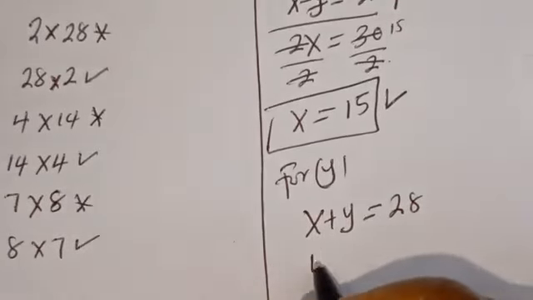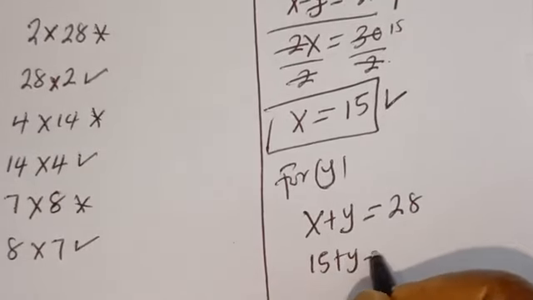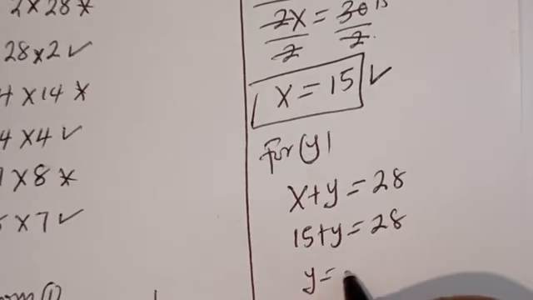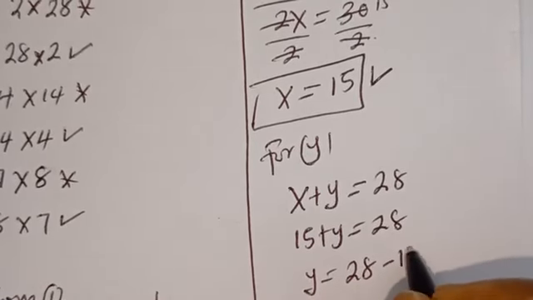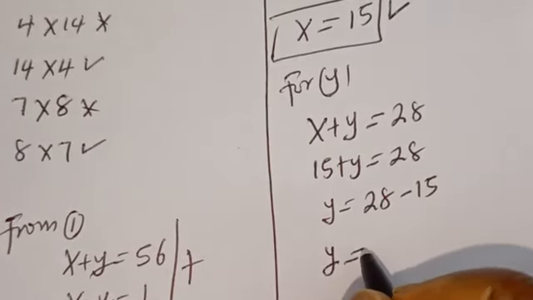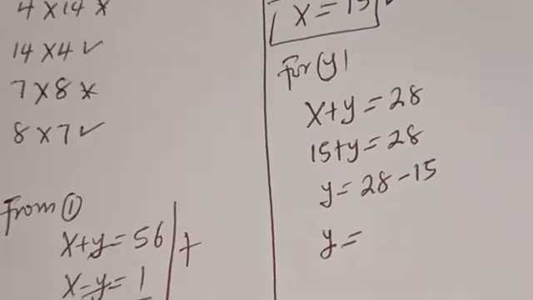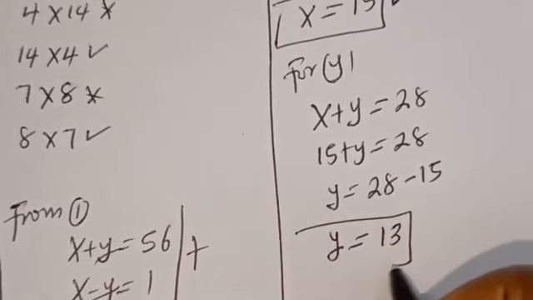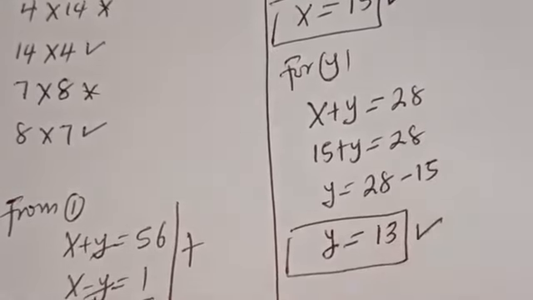When x is 15, we have 15 plus y equal to 28. y is equal to 28 minus 15. Then y is equal to 13. And this is also a natural number.